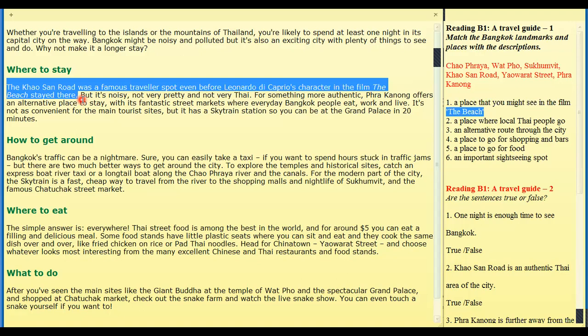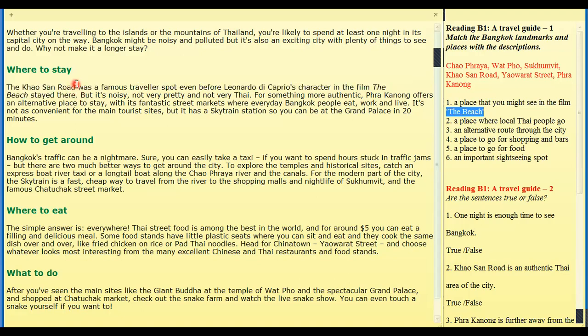So you could see this place in the film The Beach, because one character called Leonardo DiCaprio stayed there. That's why the answer is Khao San Road. Number one, the answer is Khao San Road. So where is Khao San Road? Here. Number one is Khao San Road.